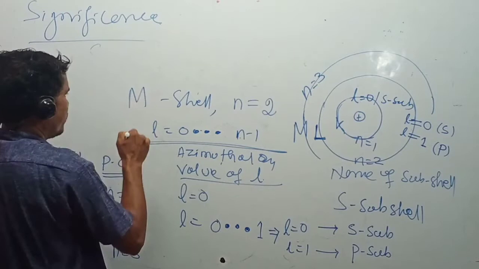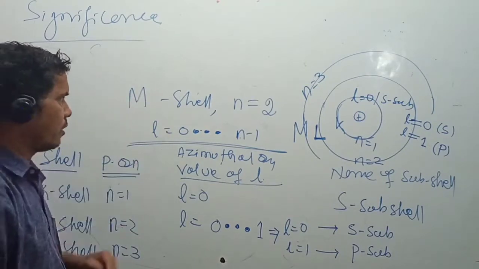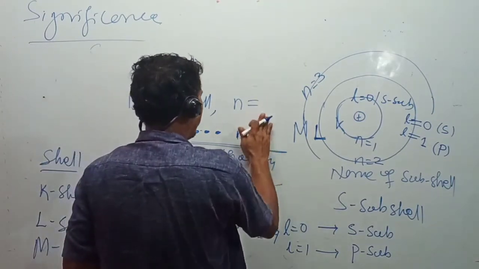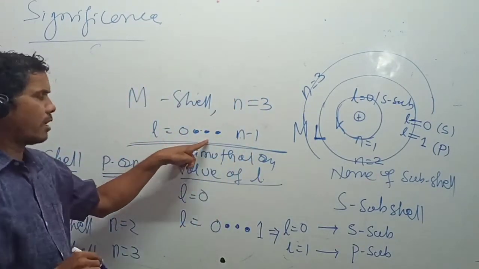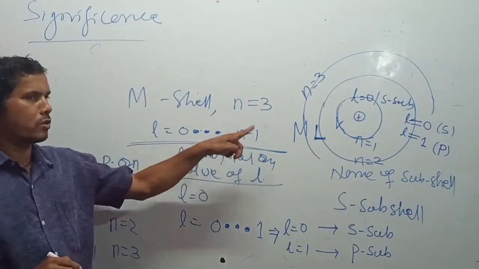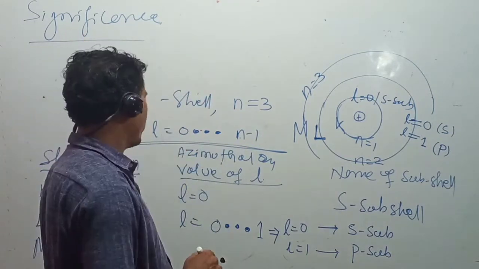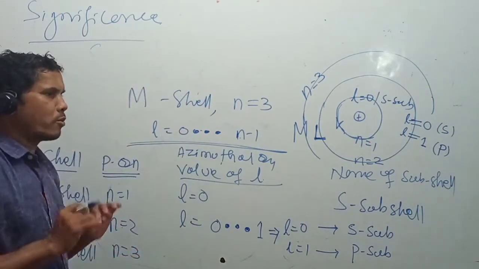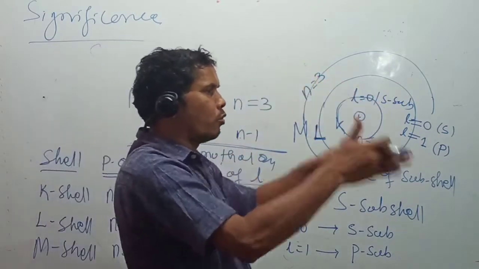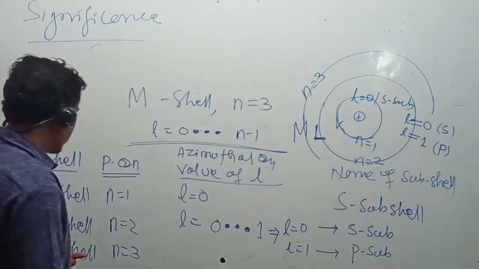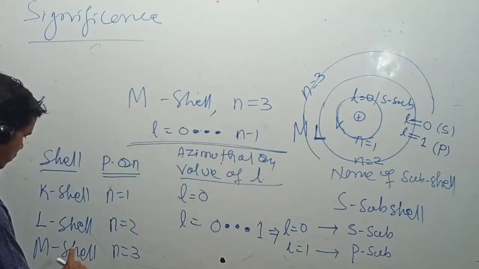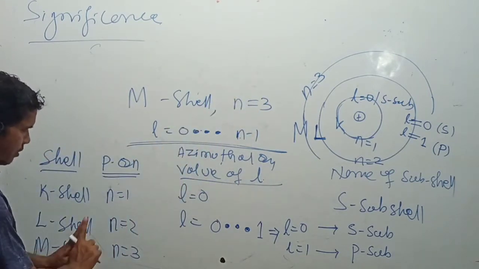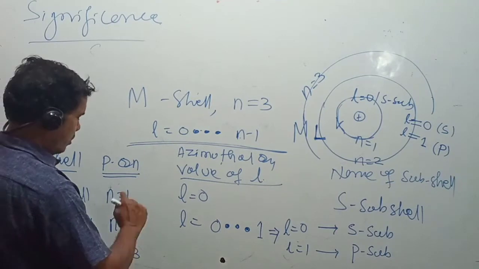The information is given on the door: the principal quantum number n equal to 3, and the azimuthal quantum number ranges from 0 to n minus 1. We just have to find out how many subshells are within your room.